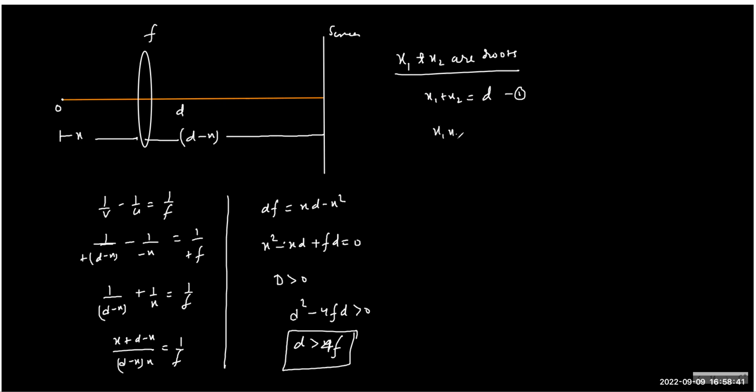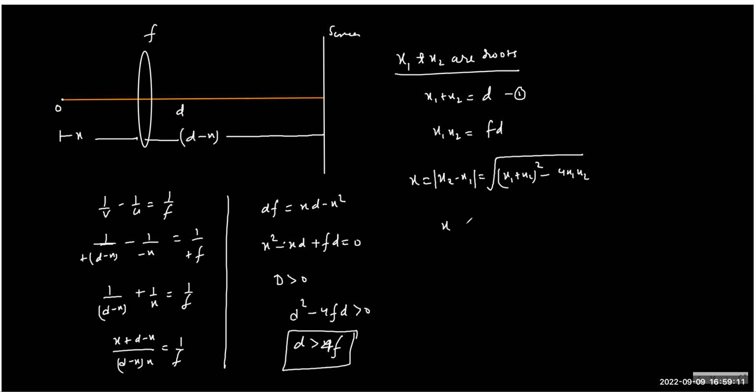And the product of the roots is how much? c by a. So the difference of the roots is how much? The sum of the roots whole square minus 4 times the product, under root. Understood? Yes. And this is called the displacement method, I mean, the x of displacement.